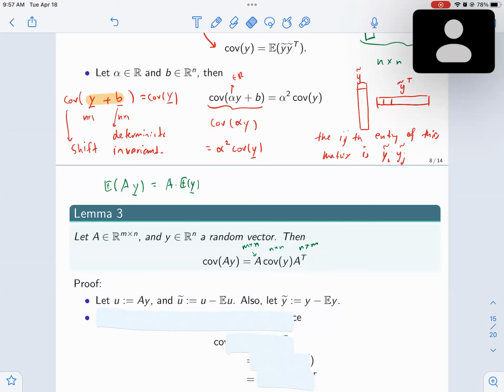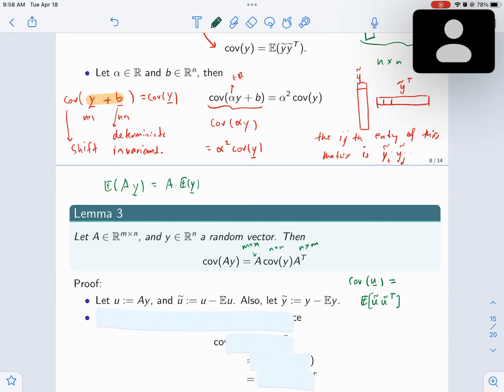Let u be Ay. Let u tilde be the centered version of u, so u minus the expectation of u, and y tilde be y minus the expectation of y. By definition, we want to compute the covariance of u, and this is going to be equal to the expectation of u tilde times u tilde transpose.